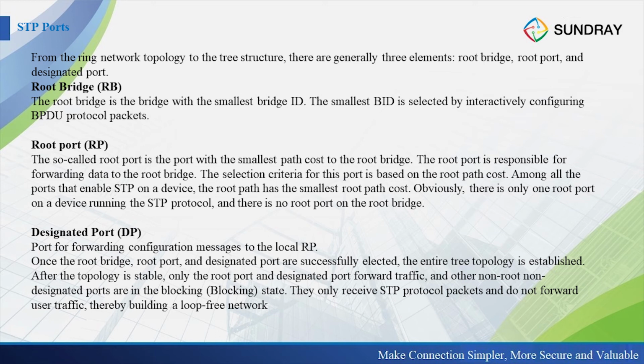After the topology is stable, only the root port and the designated port forward the traffic, and the other non-root or non-designated ports are in the blocking status. So the non-root and non-designated ports are in the blocking status, and then the loops will disappear, right?